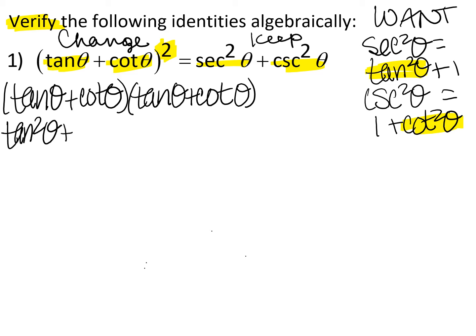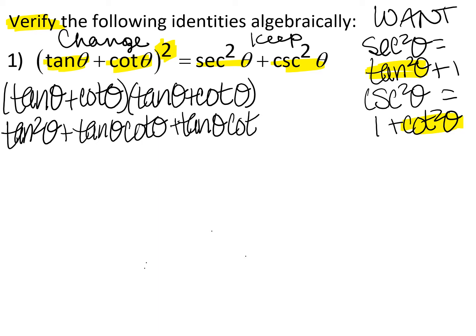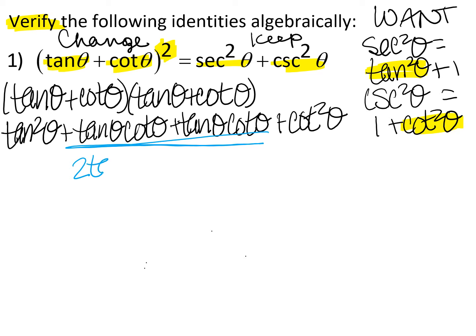Tangent times cotangent is tangent theta cotangent theta. Cotangent theta times tangent is again another tangent theta cotangent theta. And cotangent times cotangent is cotangent squared theta. I notice here that I have two of the same thing, so I can combine those, and I would have 2 tangent theta cotangent theta.